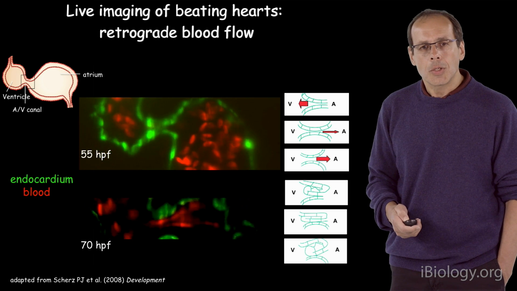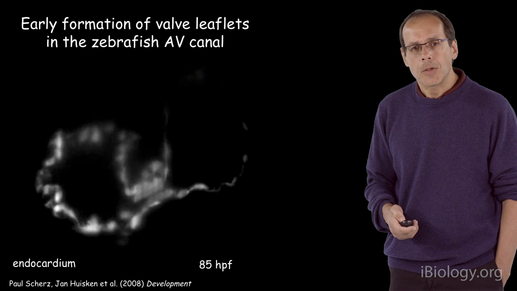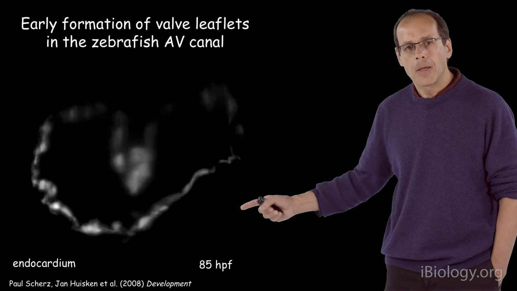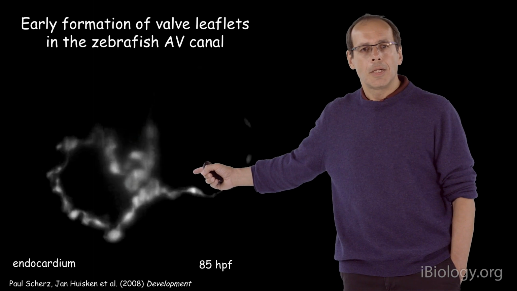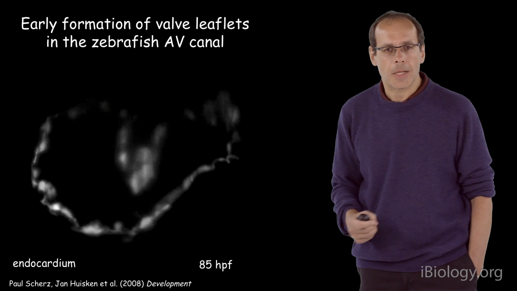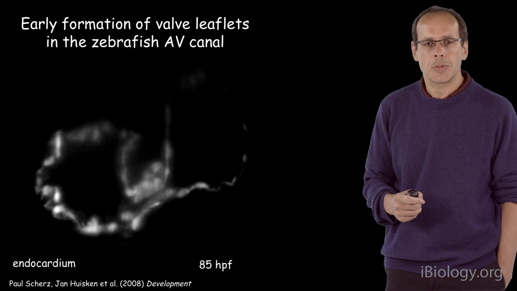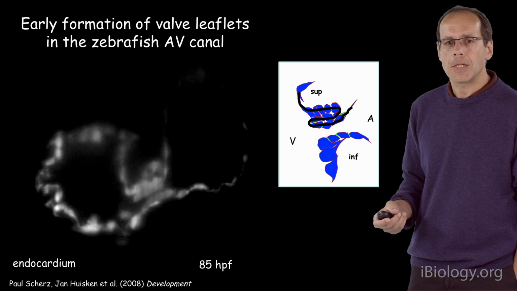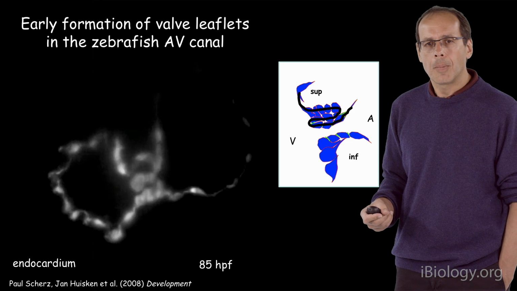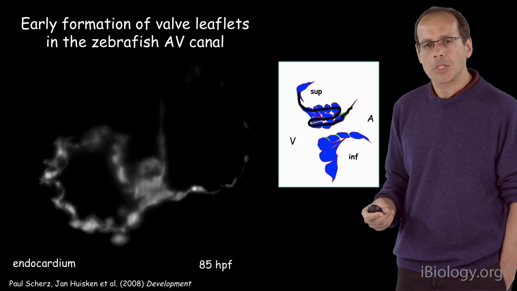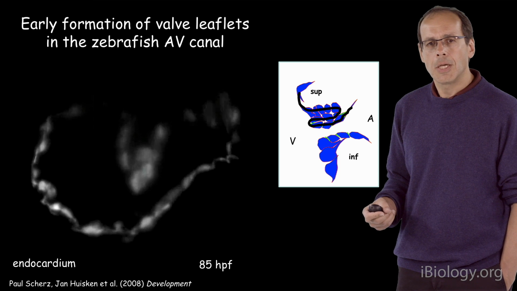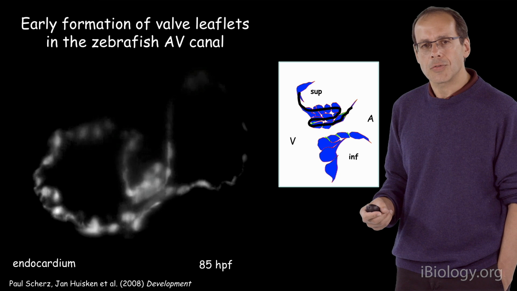Looking at this more closely, one can see the AV canal right here, and the endocardial cells have assumed a different shape and are forming what looks to be an S-shaped structure, possibly through invagination of these cells or partial epithelial to mesenchymal transition, as we've gained evidence for.